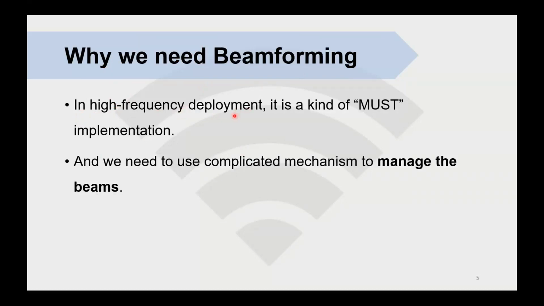We don't have a choice. We need enough power to confront the serious decay. Because beamforming is a very complex technology, we need a very complicated mechanism to manage the beams.